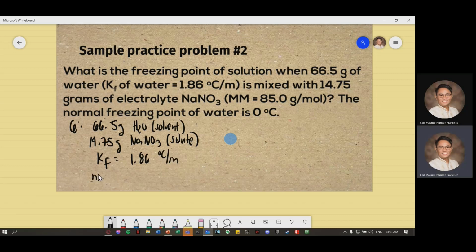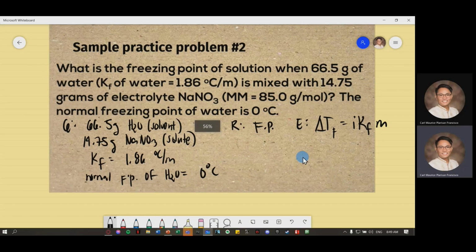And then normal freezing point of water, 0 degrees Celsius. The requirement is freezing point. So therefore, our equation would be freezing point depression is equal to i Kf m.